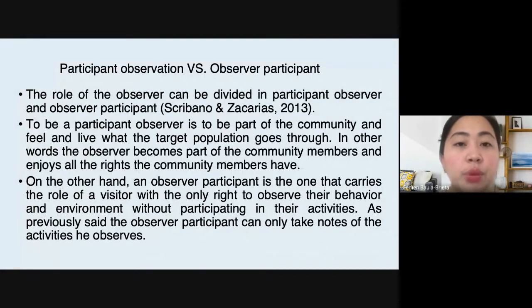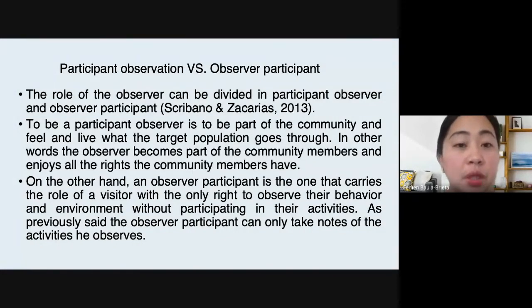So the role of the observer can be divided into participant observer and observer participant. To be a participant observer is to be part of the community and feel and live what the target population goes through. In other words, this is an immersion process. Okay? But with our time right now, we cannot do immersion.